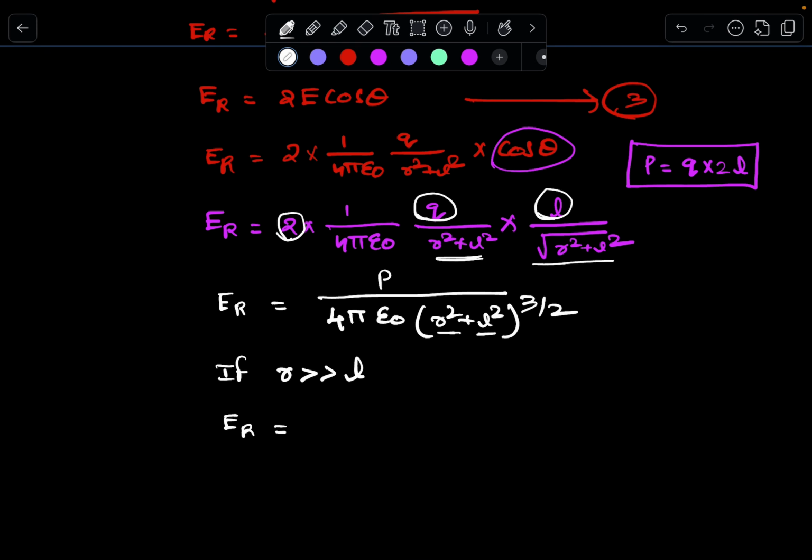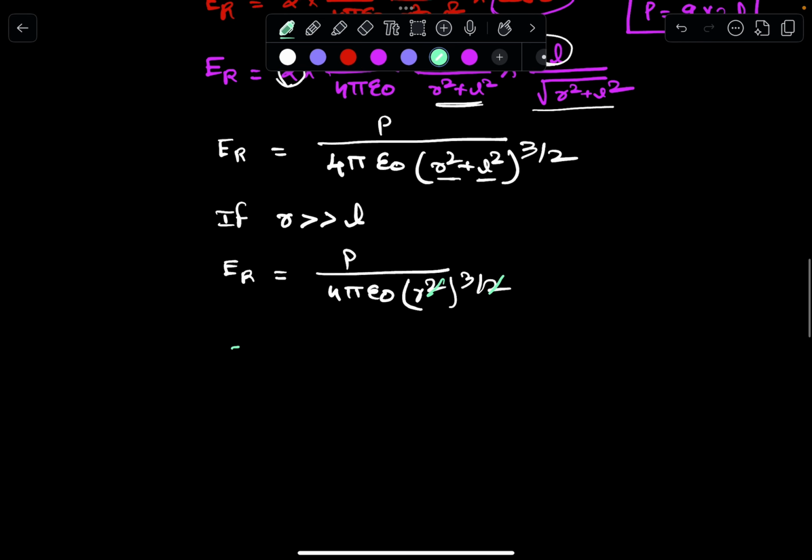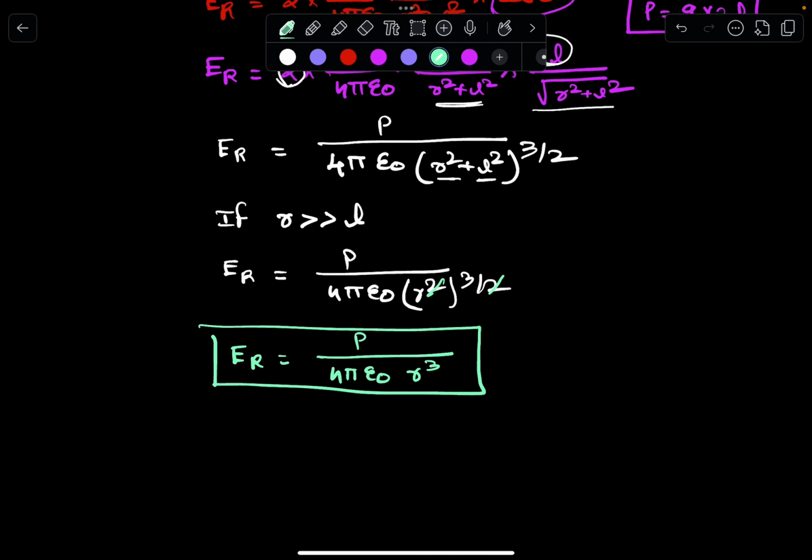E R is equal to P by 4 pi epsilon naught into r square whole power 3 by 2. Here the square and root cut, and the rest of the equation is E R is equal to P by 4 pi epsilon naught into r cube. So this is the resultant electric field.